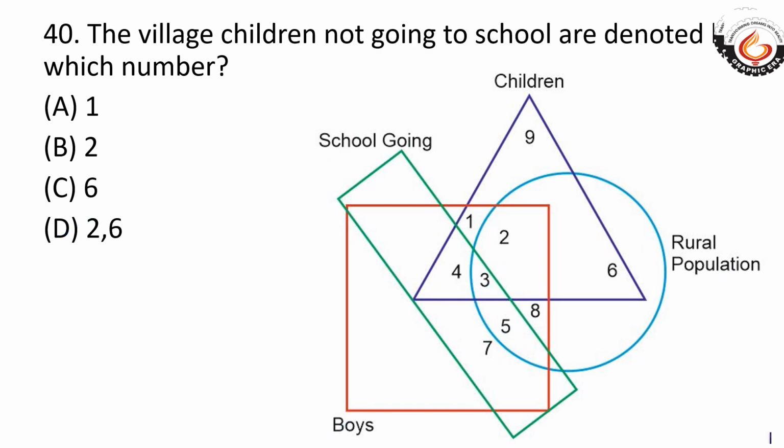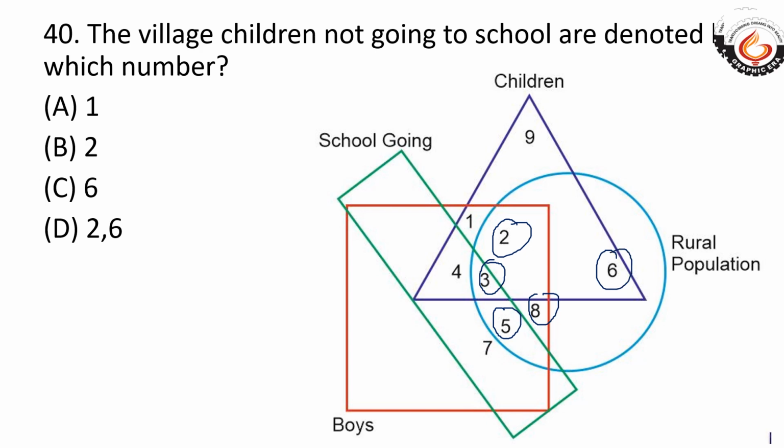The village children not going to school are denoted by which number? Again with the same concept, if they're talking about village children, the answer should be from 2, 3, 5, 6.